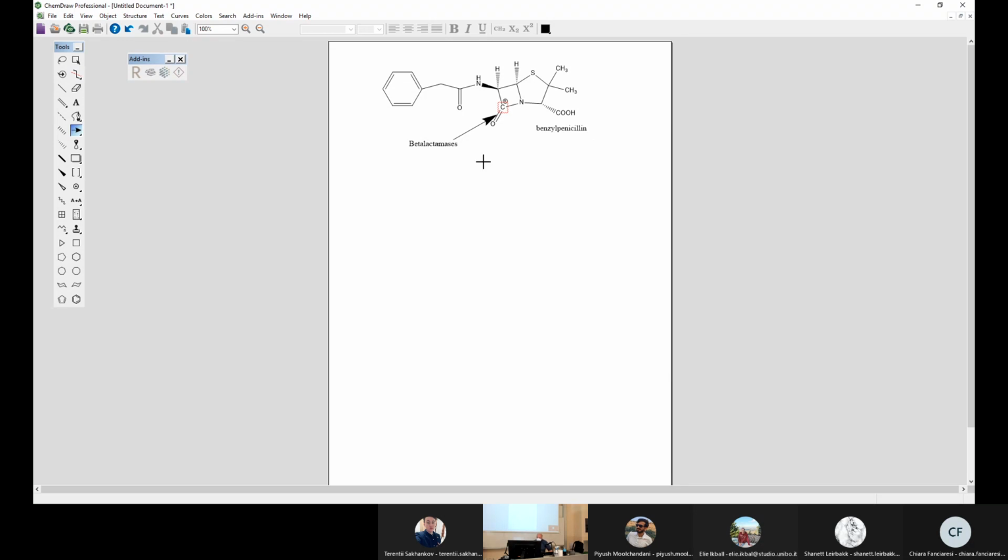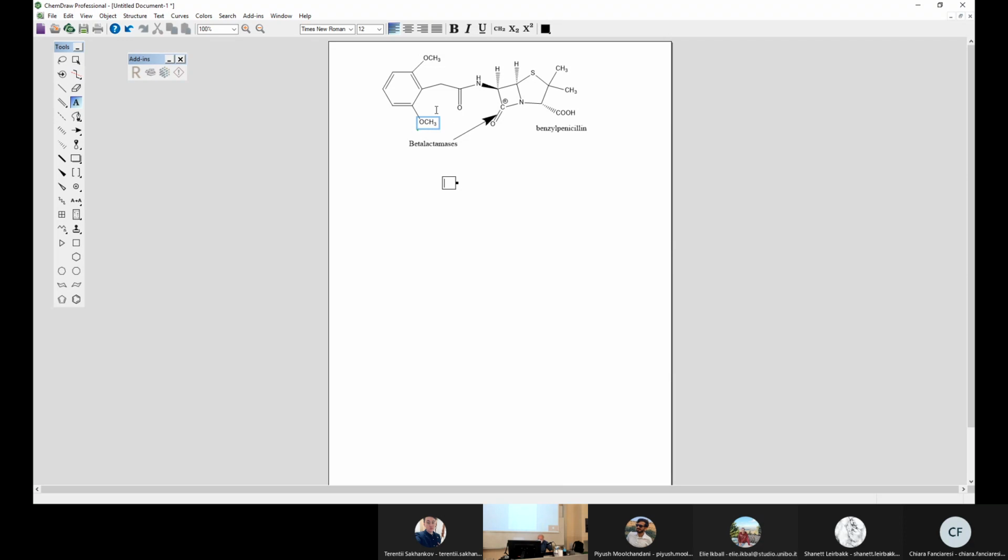We have seen some penicillin with big substituents, for example, on the aromatic ring.